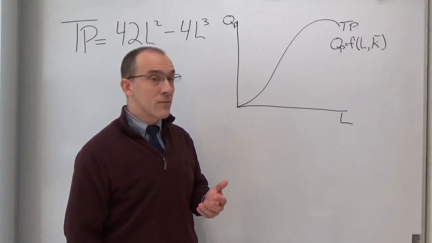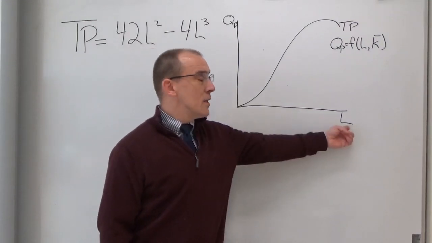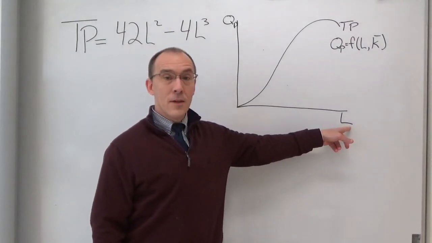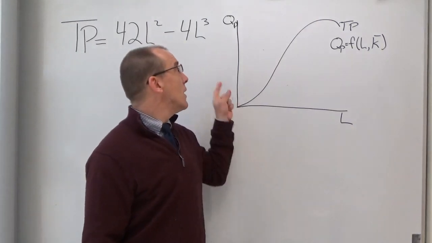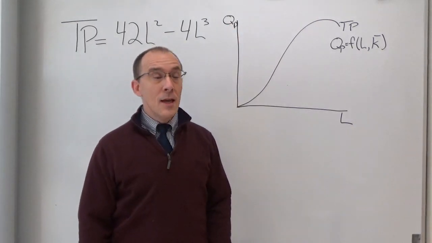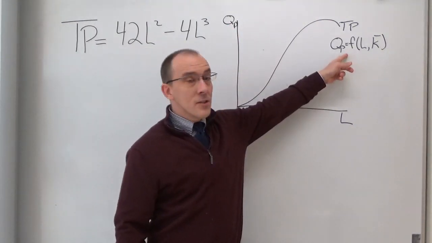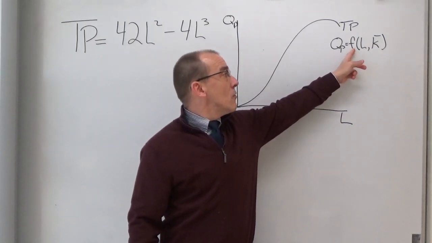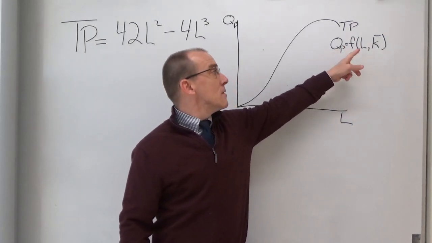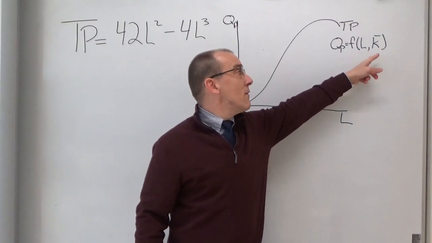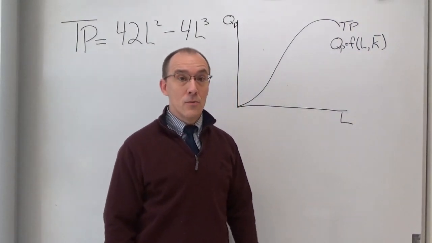A short-run production function looks at the relationship between the amount of workers, labor, that you're using and how much is produced. It is based on the idea that everything you produce is a function of the amount of workers you have and the amount of capital that you use.